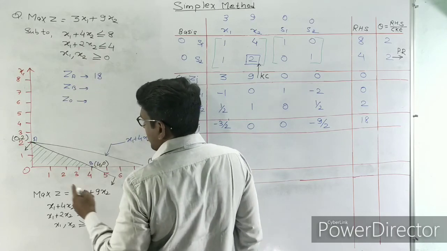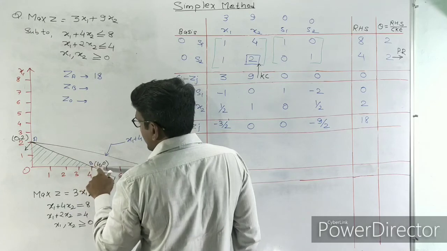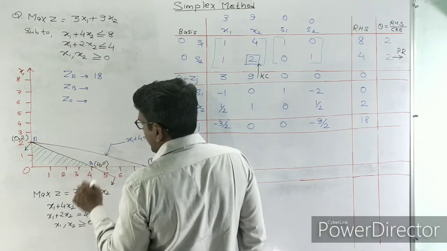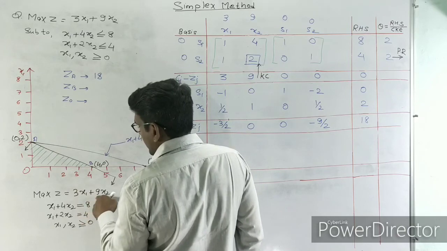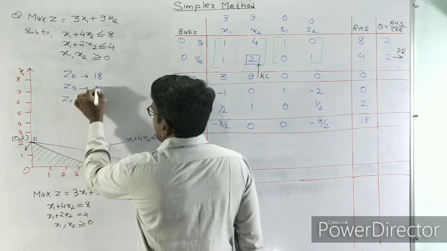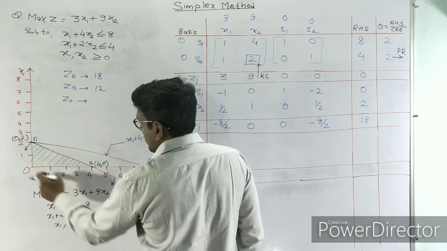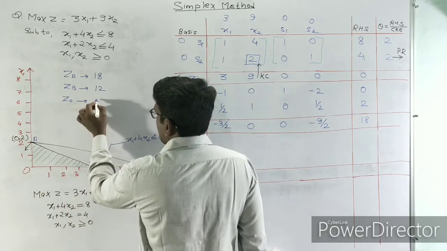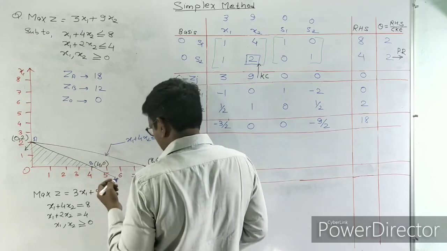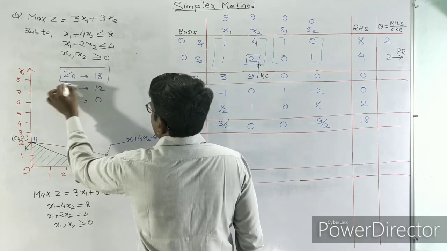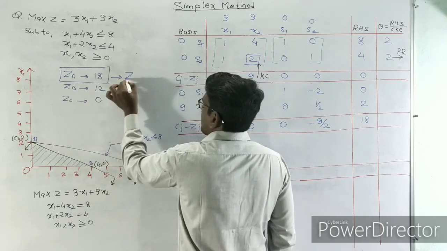Similarly, at B, that means 4 comma 0, x1 equal to 4 and x2 equal to 0, I'll get 4 into 3, 12, plus 0. So this will be 12. And at O, x1 equal to 0, x2 equal to 0, I'll get z as 0. So we can say that at point A, the value of z is maximum. This is our z max.